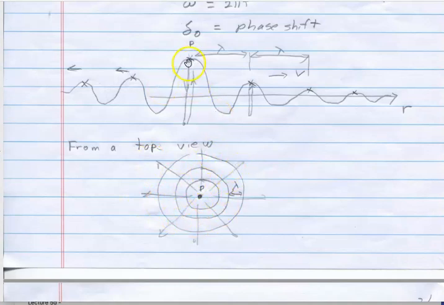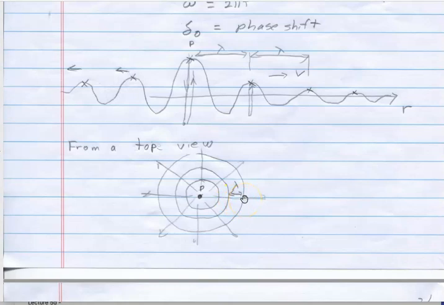I'm drawing these circular lines for the wave fronts, okay? And the distance between these, 1, 2, 3, this distance here would be a wavelength, and that corresponds to these two wave fronts here.